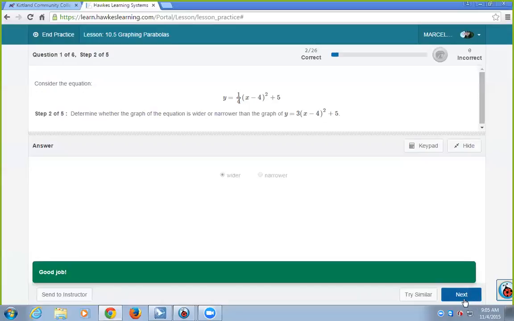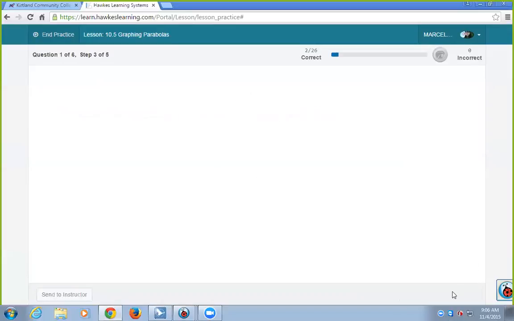But on that last one, what they're doing is determining whether the graph of the equation is wider or narrower than a given one. So you've got to be careful and pay close attention to this number, and I didn't when I did that one. I just paid attention to the quarter. So 3 is narrow, 4 is wider, so you want to make sure that you pay attention to that part. So we ended up picking the right one. So next.